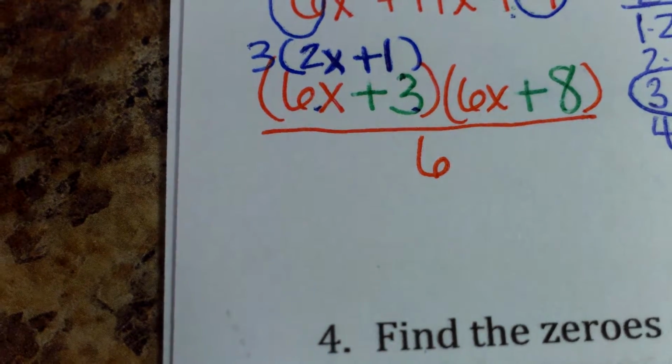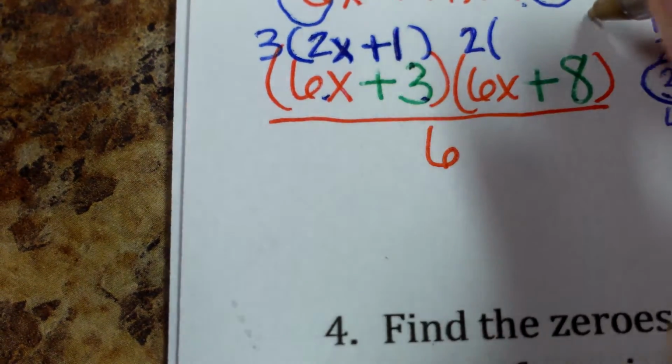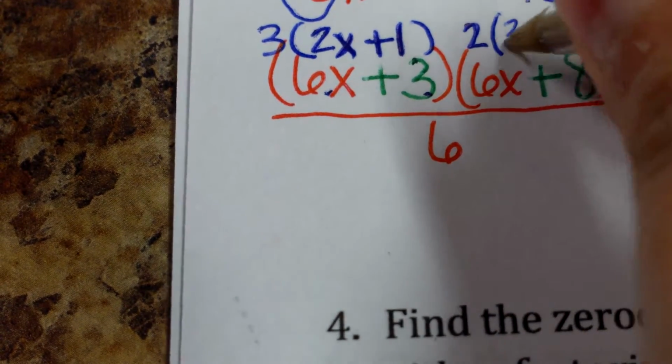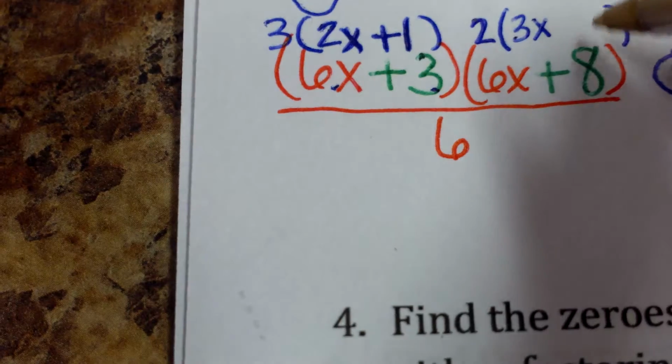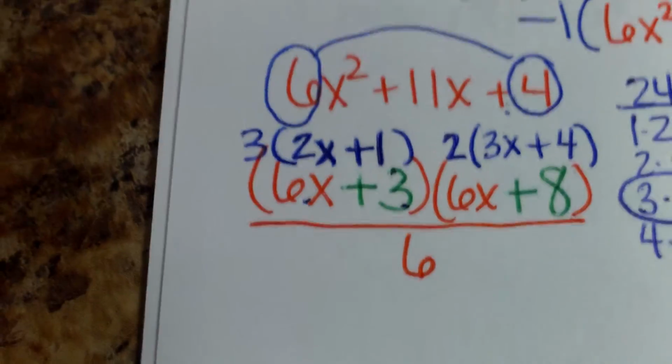Now we find the greatest common factor here, a number they both divide by. In this case, it's a 2. So we're going to factor out the 2. And 2 times what gives you 6? 3x. 2 times what gives you 8? Positive 4. Okay.